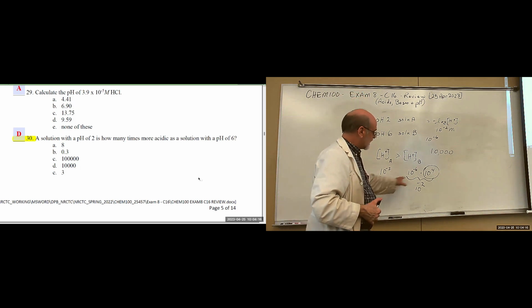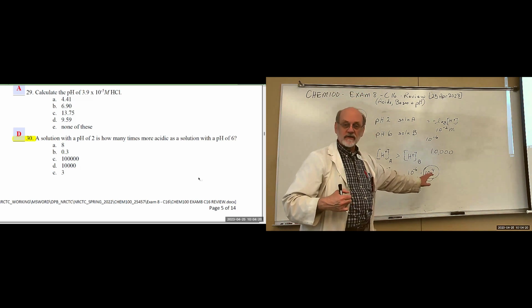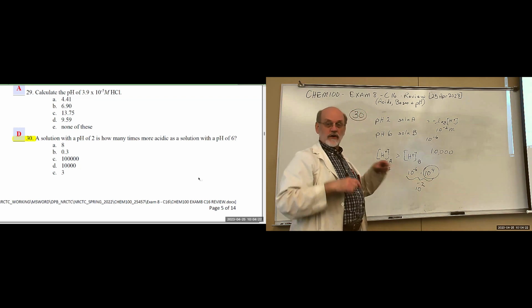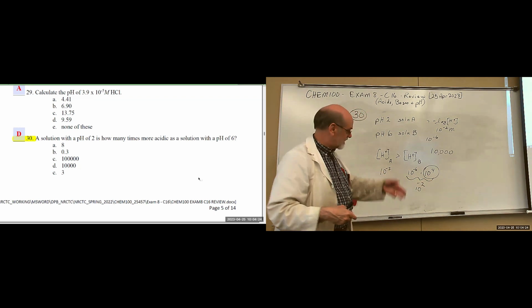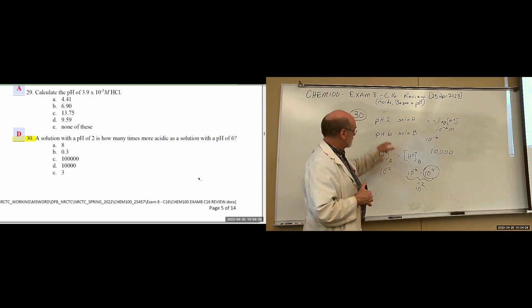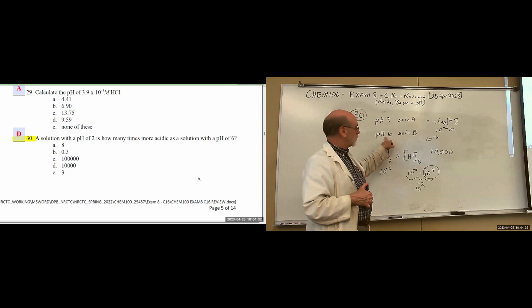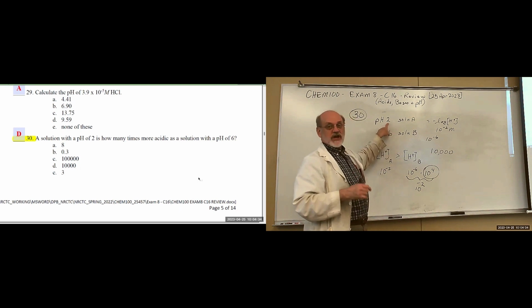This solution has 10,000 times higher concentration of hydrogen ions, or is stronger, more acidic, than the one at 10 to the minus 6. And the reason for that is this is a logarithmic scale, so for every unit, you change by a factor of 10.